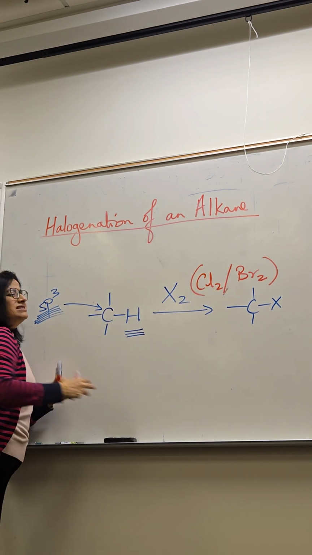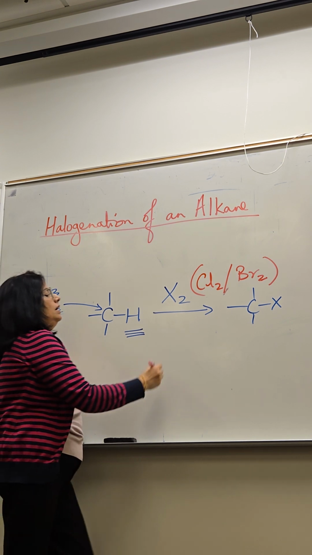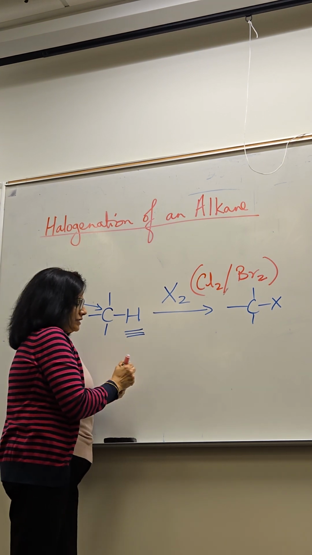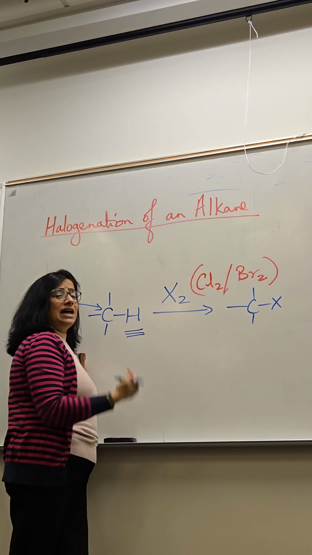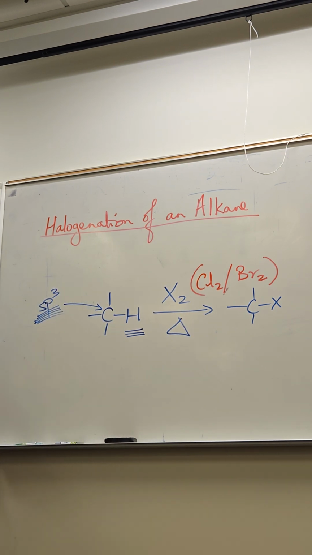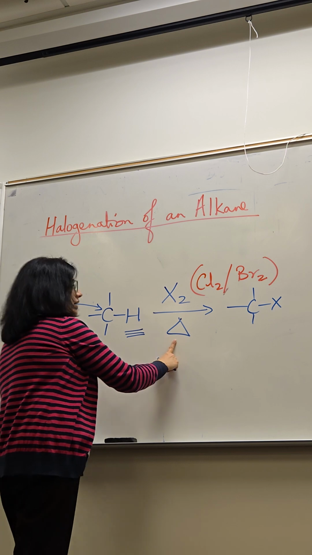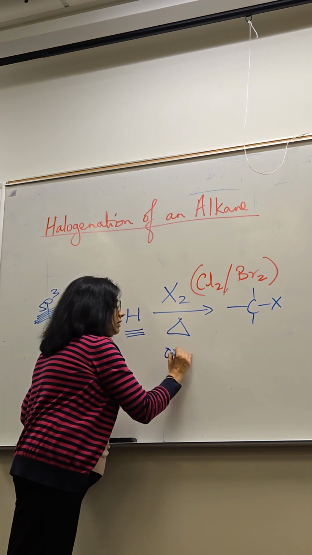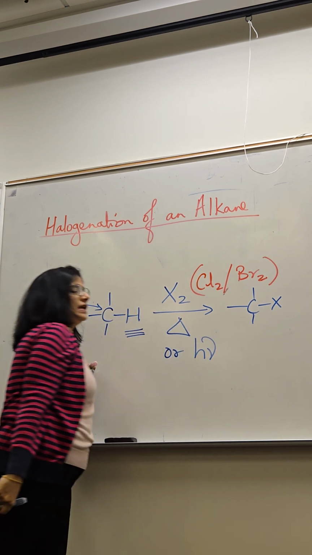Now please note the symbolism here. The energy source required for this reaction can either come from heat. That's our indication of heat. So don't look at it as delta, like delta H and delta S, change in H. No. What we are saying is basically heat. We are heating it. Or light, h nu.